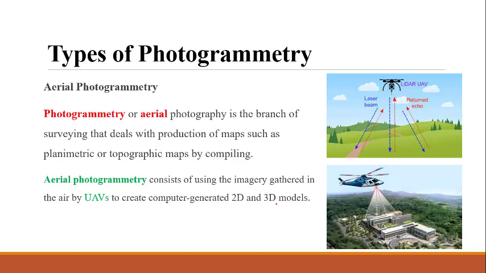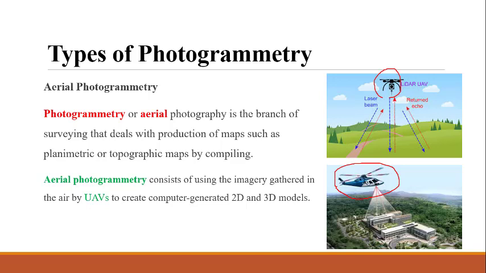In aerial photogrammetry, drones or helicopters or other planes, aeroplanes are taken for a survey. So it captures pictures of the Earth's surface, and these pictures are then saved in the device.